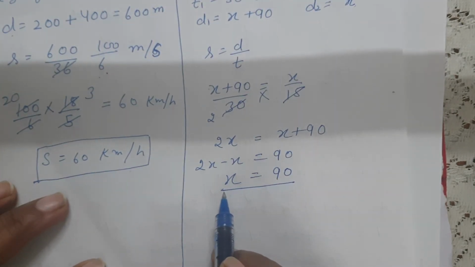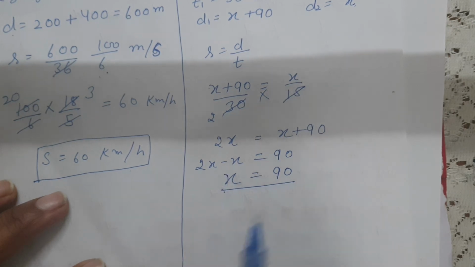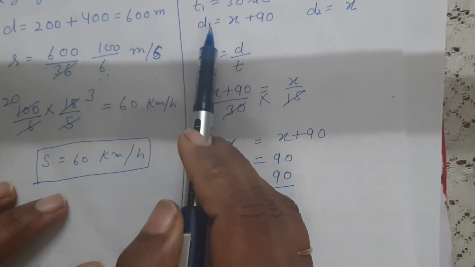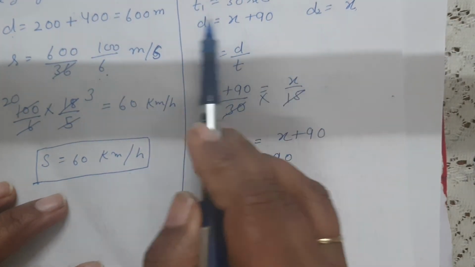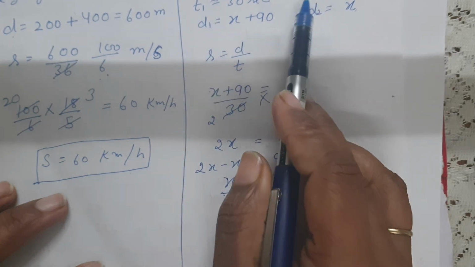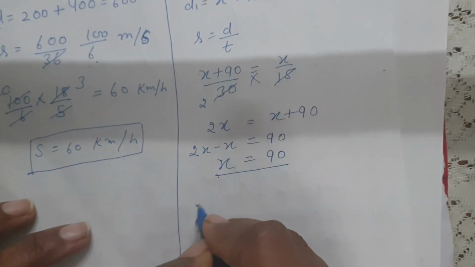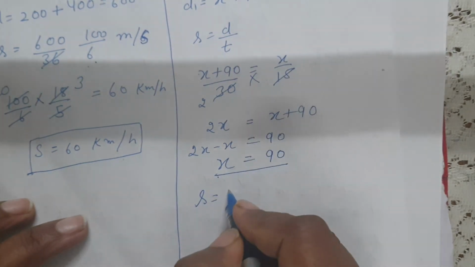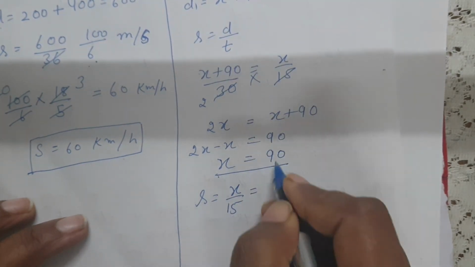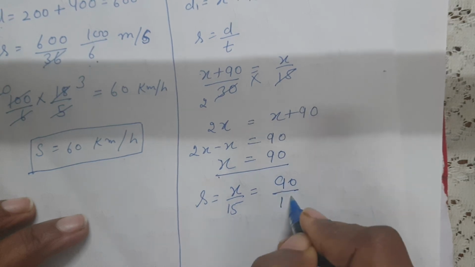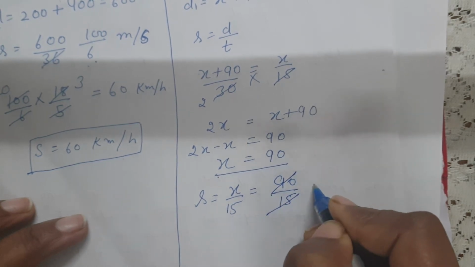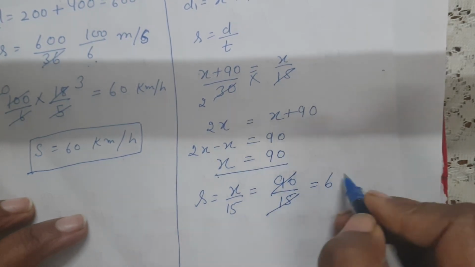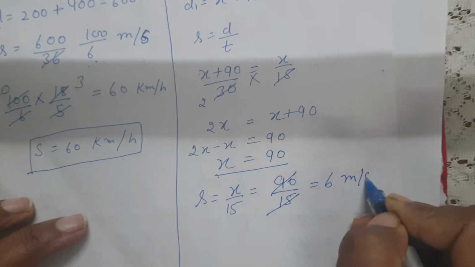And now we will put the value of x in any one of s equals d1 upon t1 or d2 upon t2. So s equals x upon 15, it means 90 upon 15. 15 sixes are 90, so s equals 6 meters per second.